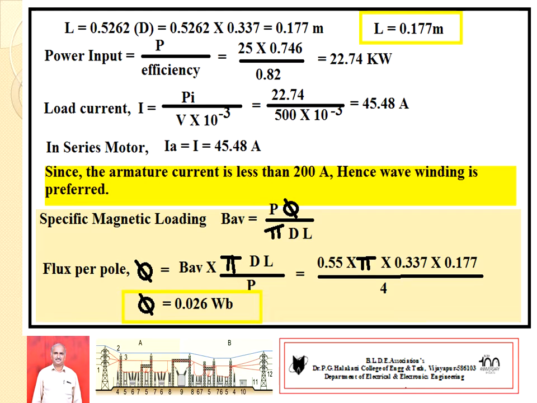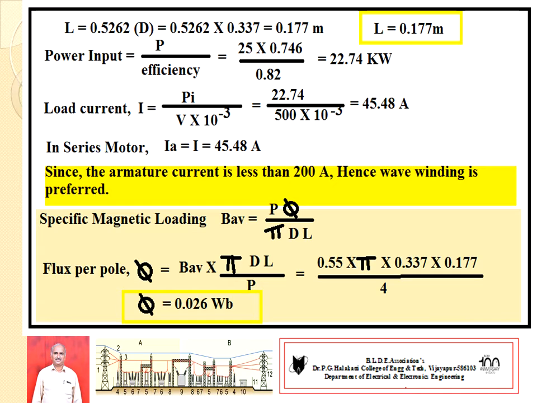In series motor, the armature current and supply current both are equal because there is an absence of field current. So IA equal to 45.48 ampere. Since, what is your logic? The given armature current is less than 200 ampere.